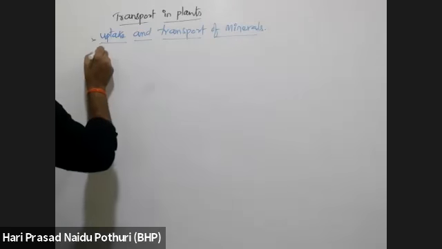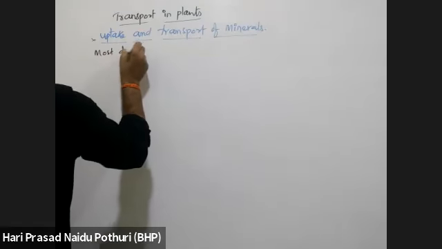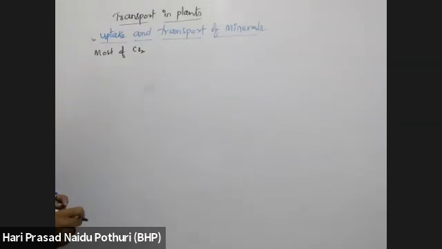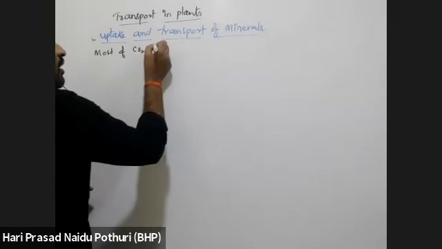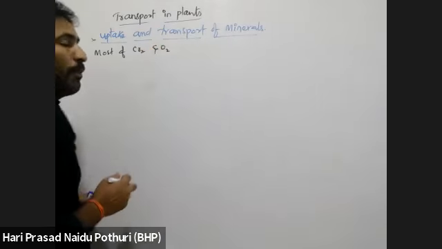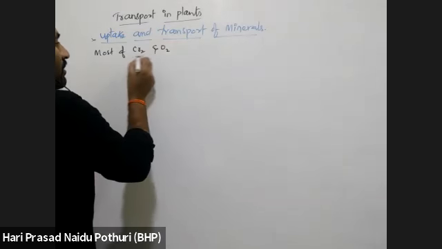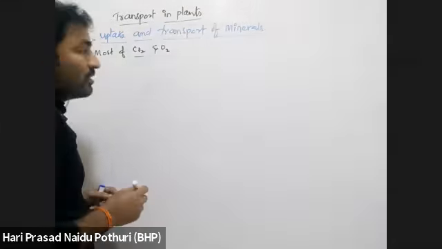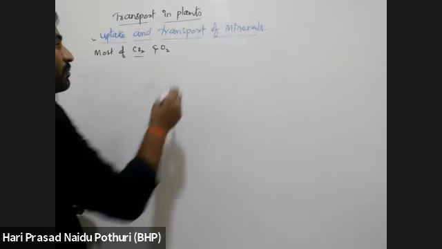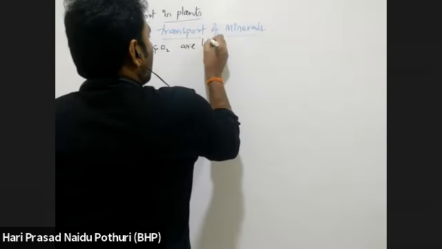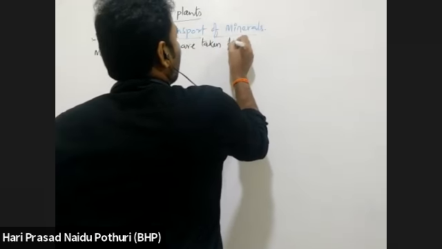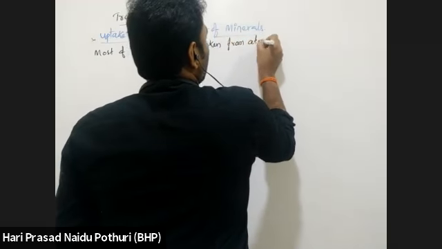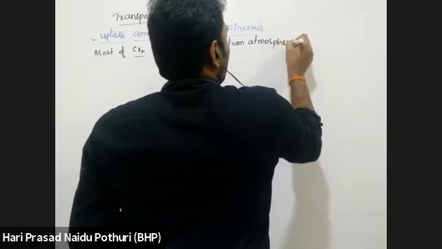So most of the CO2 required for photosynthesis and the oxygen required for respiration are taken from the atmosphere as per the stomatal opening.